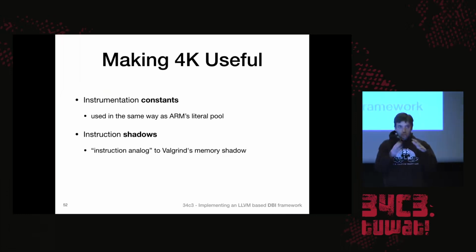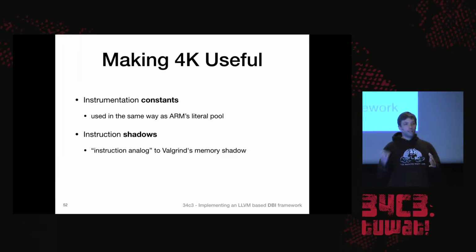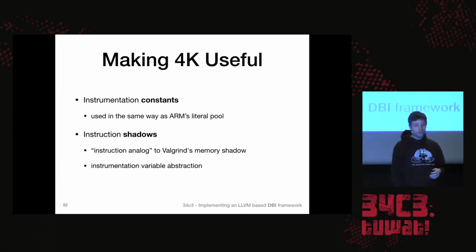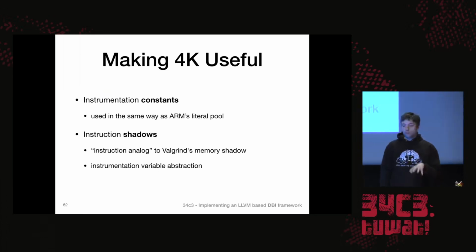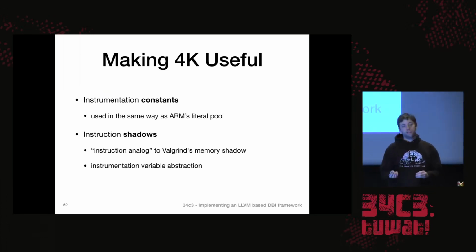This is shadowing the memory, some kind of variable that's bound to the memory. And we wanted to do the same, but for instructions. So it's a means for us to abstract the idea of having variables inside your instrumentation code to make inline instrumentation very easy.